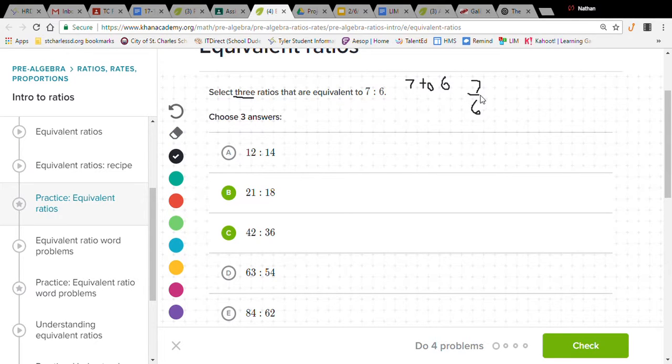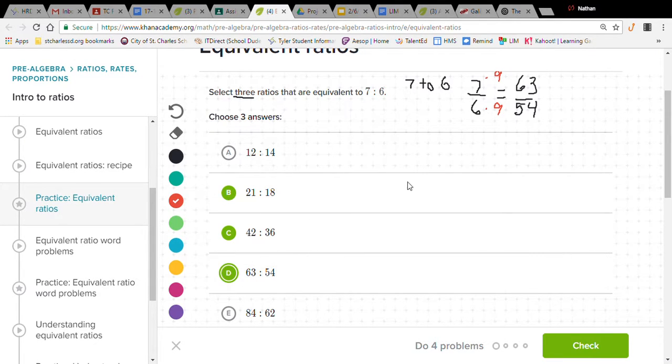Alright, let's try the next one. 63 over 54. So does 63 over 54 equal 7 over 6? I could cross multiply and see if my cross products are equal to one another, but I can see here that 7 times 9 equals 63, and then 6 times 9 equals 54.